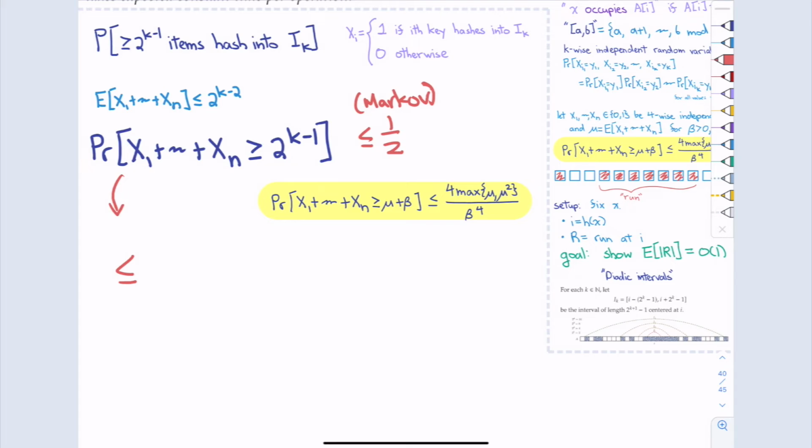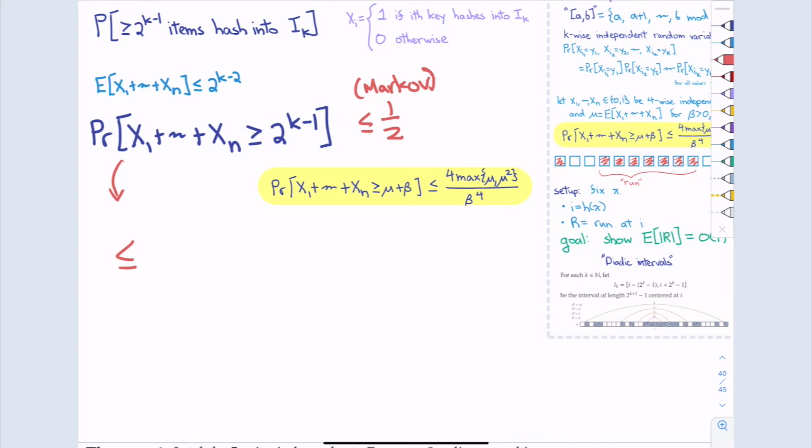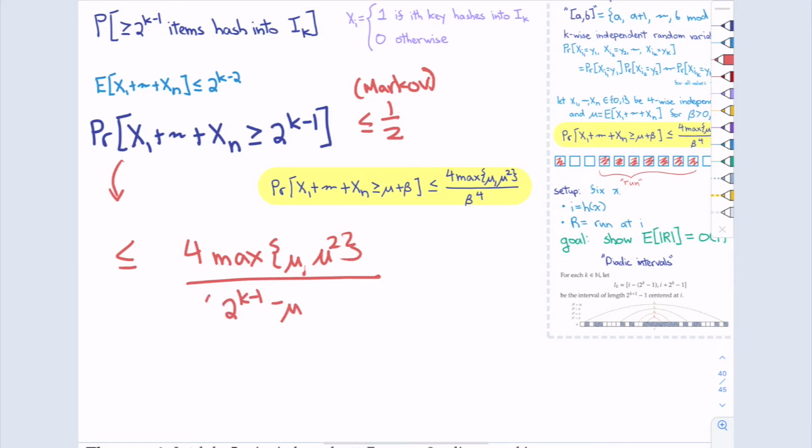So we get 4 times, okay, this is no good, I'm just copying it. This was mu plus beta, so beta would be 2 to the k minus 1 minus mu, to the 4th, where mu corresponds to that quantity.